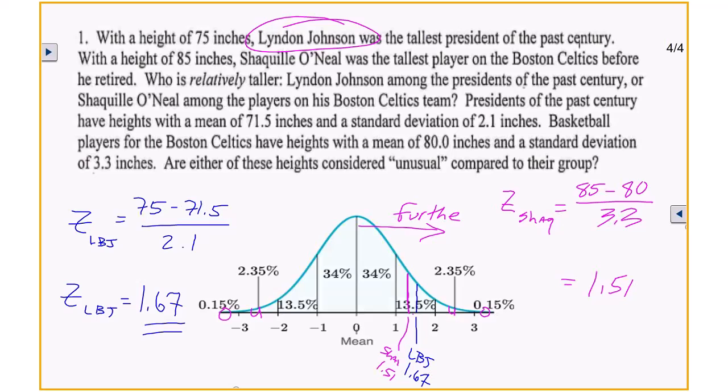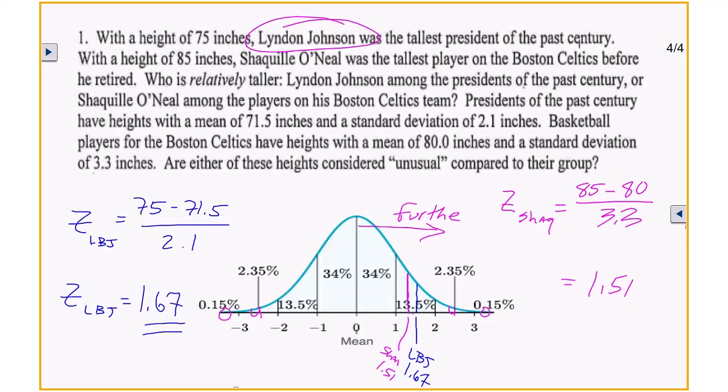The closer you are to unusual and outlier, the more ER you are. Wider, faster, in this case taller. So Shaq is not as tall relatively as Lyndon Johnson because Lyndon Johnson is a big fish in a little pond.